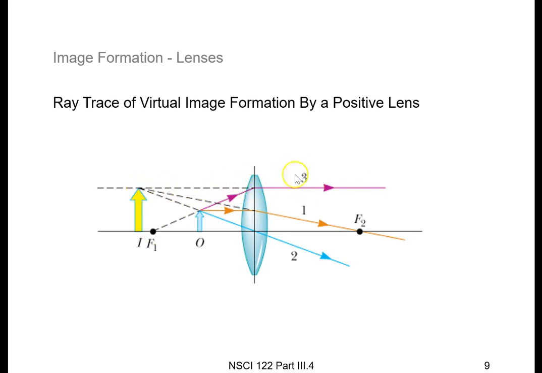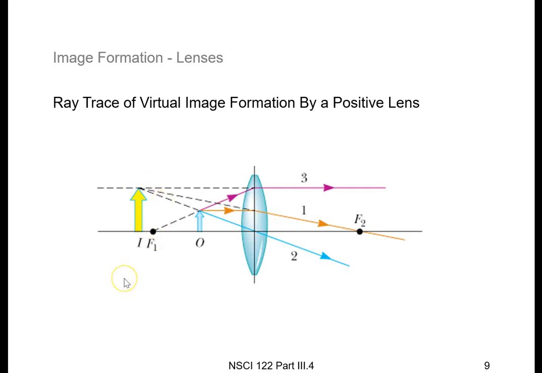But don't even worry about the purple ray. Just focus, no pun intended, I use that one a lot when talking about lenses and light, but anyway, just look at rays 1 and 2. That's all you need. So here's our image, and it's virtual because it's formed with diverging rays.